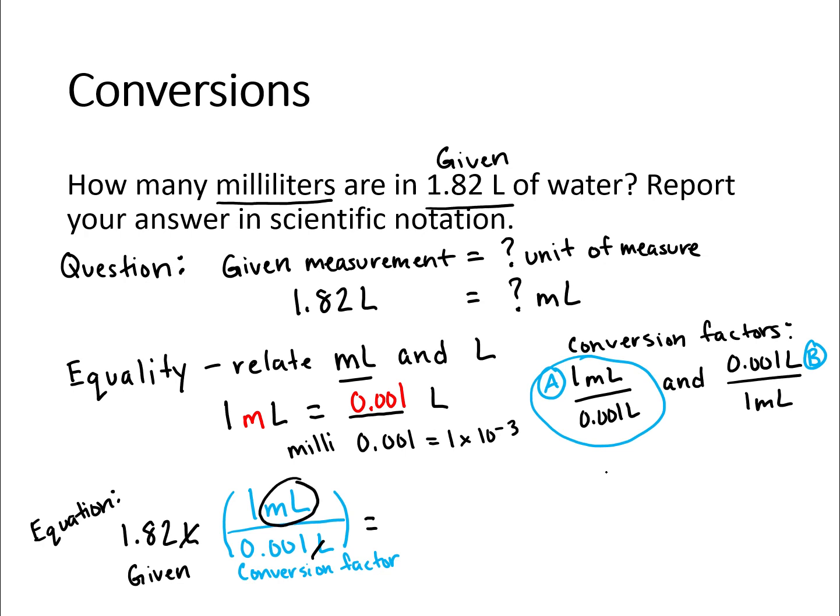When you put this into your calculator, I'm going to do it in a different color. This is just to show you. 1.82 divided by 0.001. So that's what you enter into your calculator.